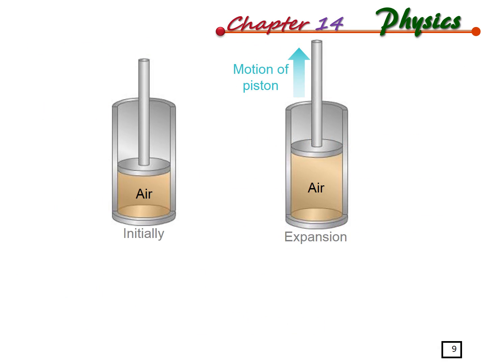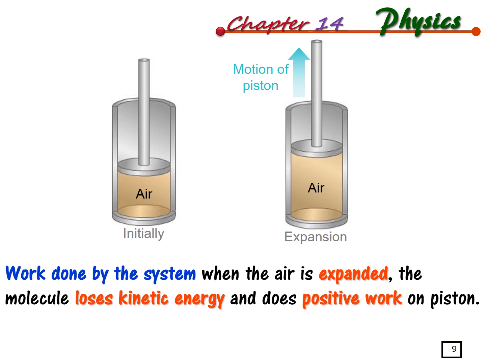So actually, when work is done by the system, for example, when the air molecules expand, these molecules of the air lose kinetic energy and do positive work. It means that when the gas expands, the work done is positive because the molecules of the air lose kinetic energy.